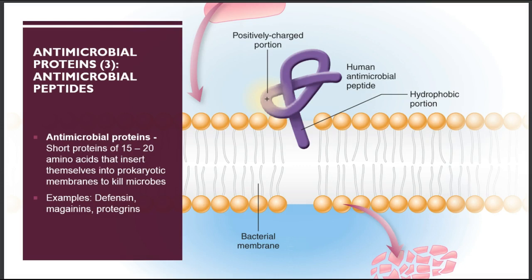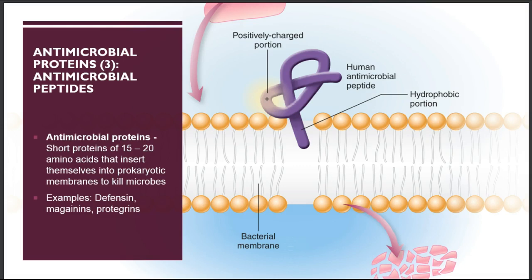Our final antimicrobial protein are the antimicrobial peptides, and these are very short chain proteins, 15 to 20 amino acids, and these proteins actually insert themselves into the membranes of prokaryotic cells. And when they do that, it's somewhat similar to what happens with the complement cascade.